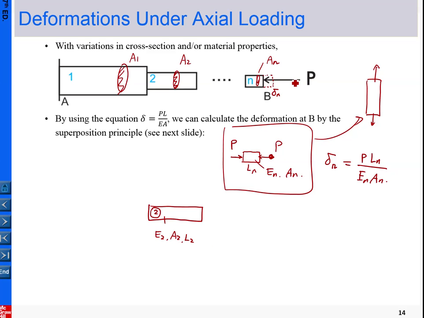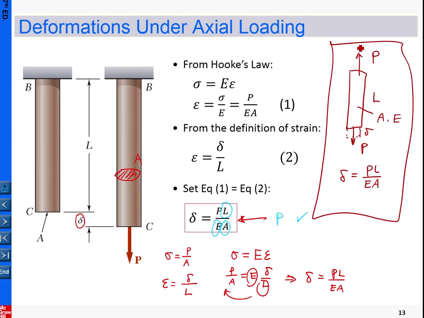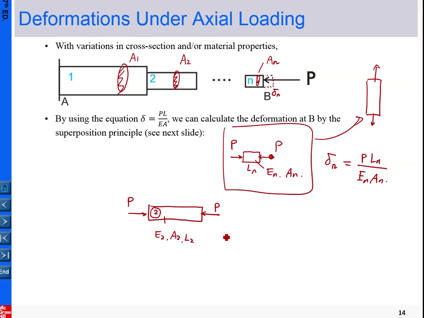And now you can see the force applied here, so you should be able to quickly determine the force applied to portion 2 is like this one here. Again, using our standard template, PL over EA, the deformation here should be shortened.